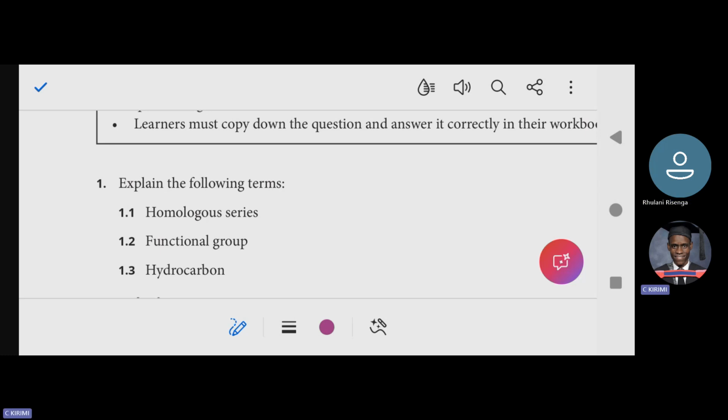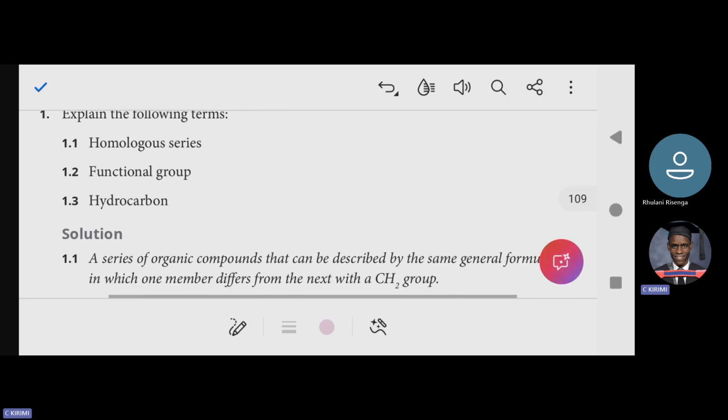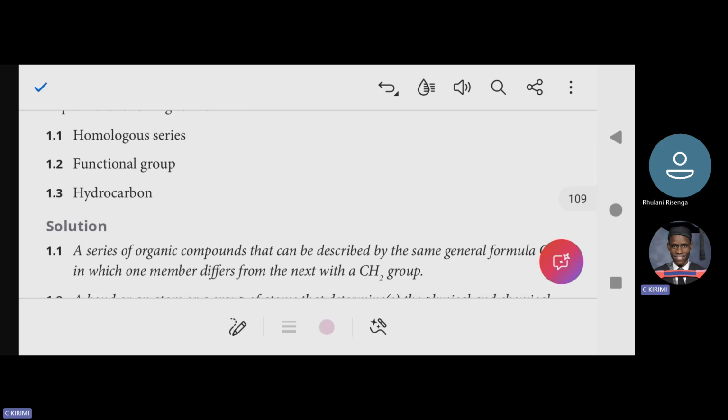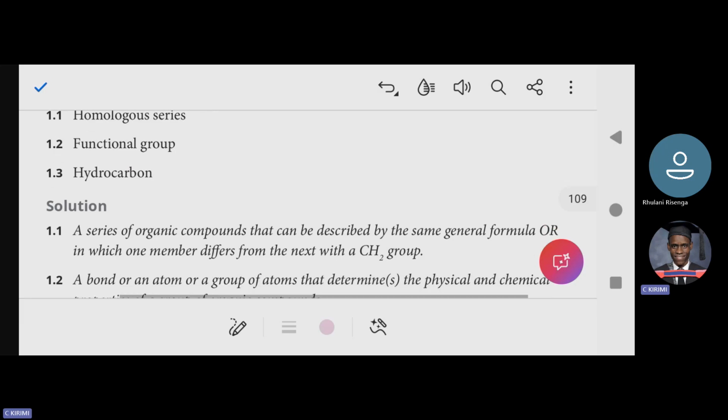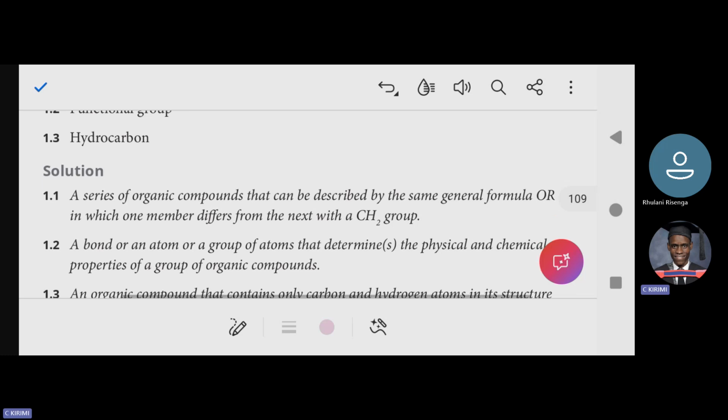Only. That's correct. So let's just give feedback. A series of organic compounds that can be described by the same general formula, in which members differ from the next by a CH2 group, which means the formula is just changing with CH2, then you know it's a homologous series.